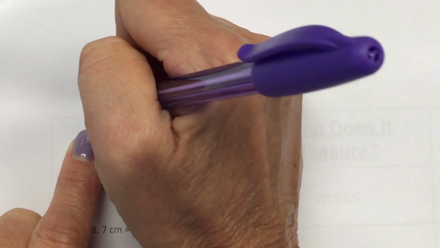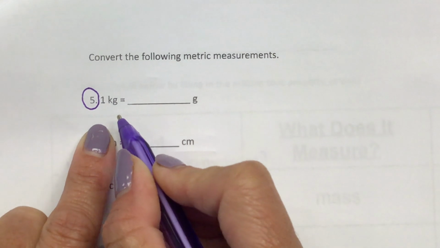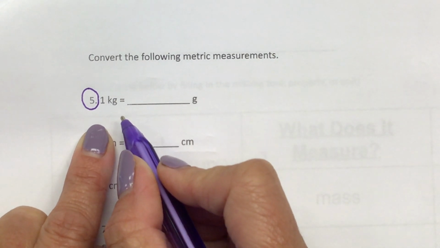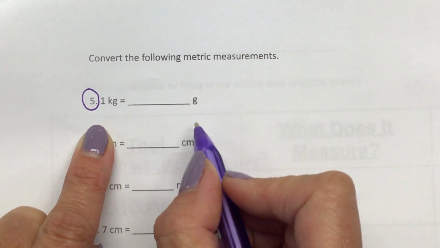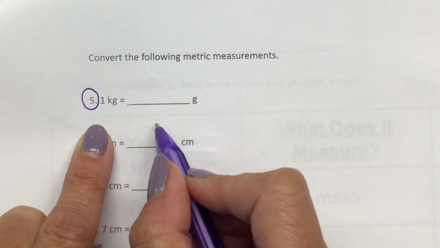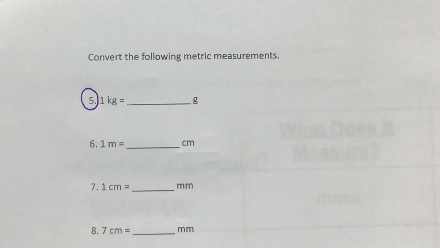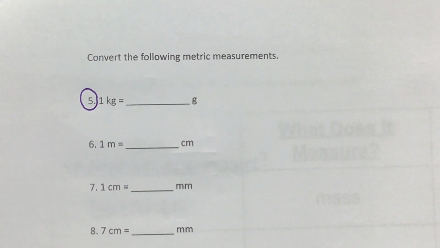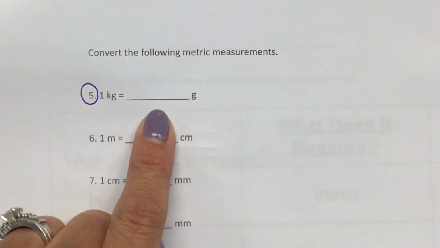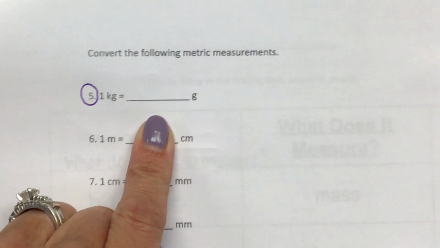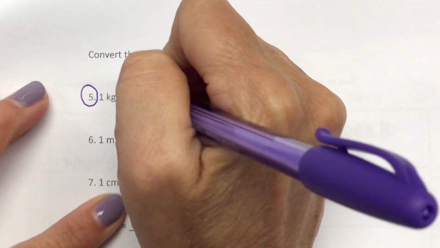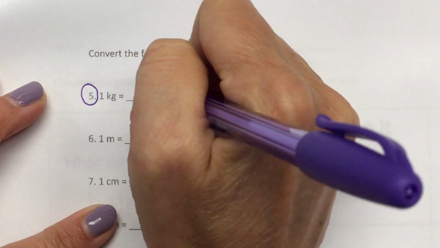So if you circle that number 5, it's 1 kilogram. A couple people tried to do 5 1/10 kilograms. Guys, in all of our practice, we never did converting with decimals. We always had whole numbers in all of our practice, okay? So it's 1 kilogram. How many grams is that? 1,000.